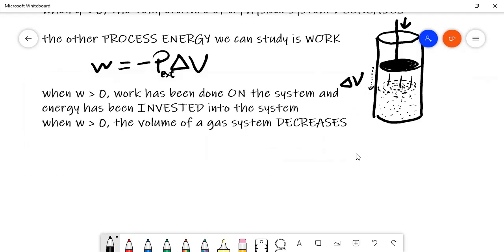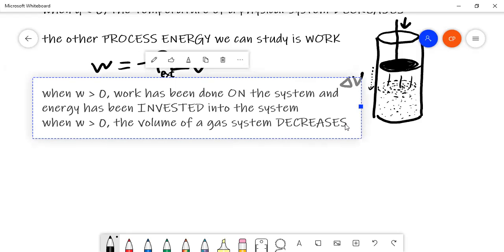That's a little bit wonky if you just focus on numbers. If W is positive, delta V is negative. But in a gas system of this sort, if you're investing work into the system, you're doing so by decreasing the volume available in the system and increasing the internal energy of everything bouncing. Does that make sense to everybody?